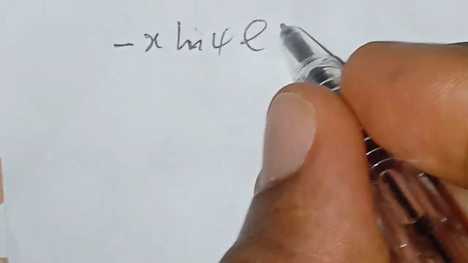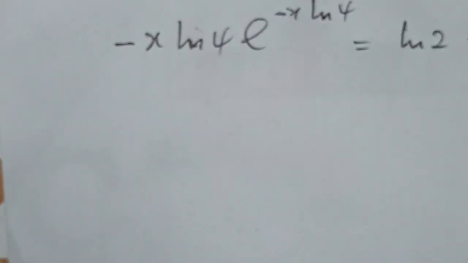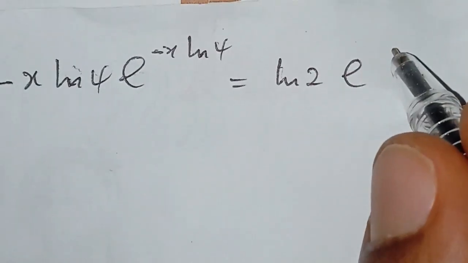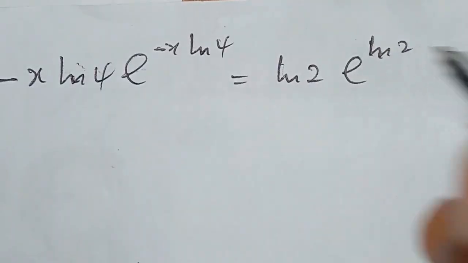And that will give us minus x ln of 4 e to the power of minus x ln of 4 equal to ln of 2 multiplied by e to the power of ln of 2.